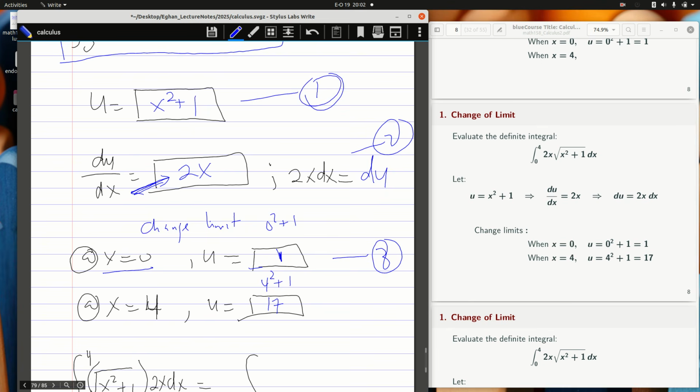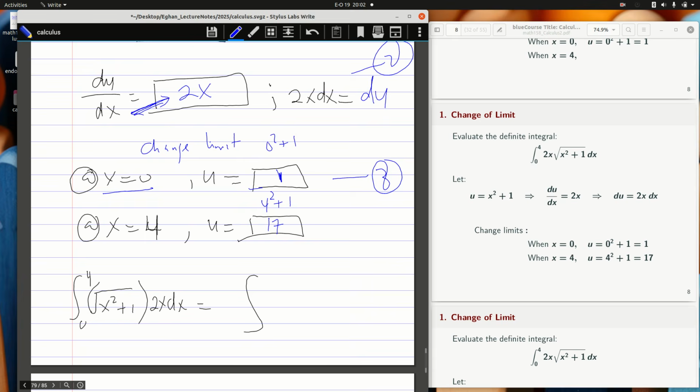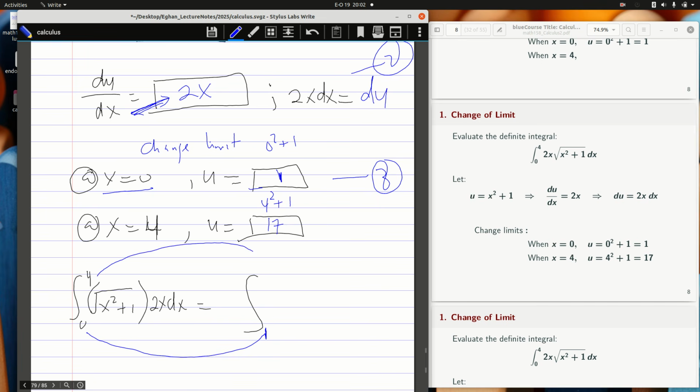So this entire integration now has lower limit 1 and upper limit 17, and the integral becomes the square root of u, and then 2x dx simply becomes du. That is from equation 2.